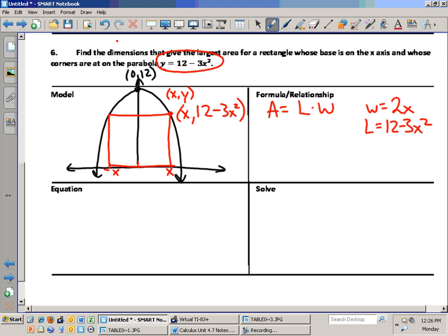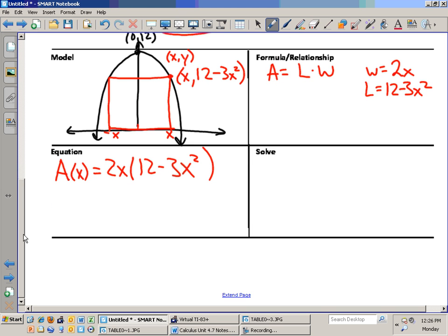And if I just multiply them together, I get area in terms of what variable? X. Area is equal to 2x times 12 minus 3x squared. Area in terms of x then is equal to 24x minus 6x to the third power.